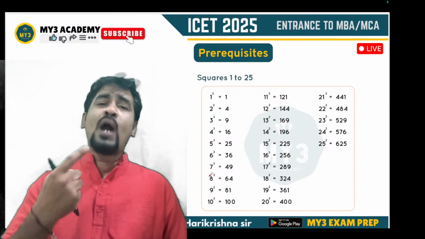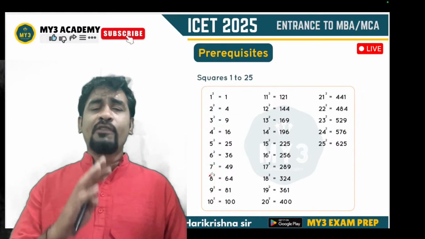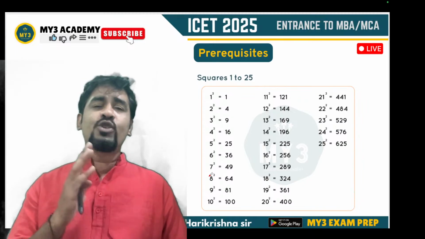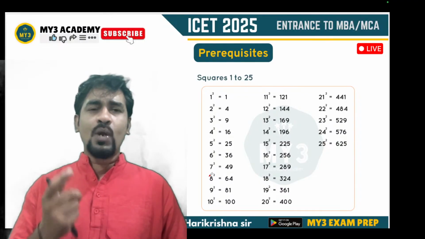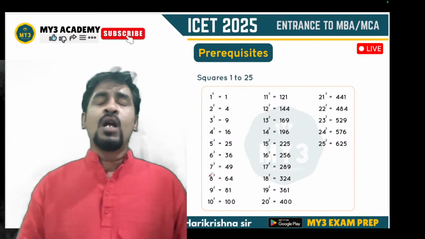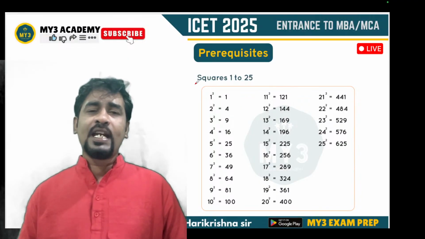You will be able to identify that if and only if you are aware of at least 1 to 25 squares and 1 to 20 cubes. So the first prerequisite before you do analogy, odd man out, coding and decoding and number series is to memorize the values of 1 to 25. 1 to 25 squares is very, very important.